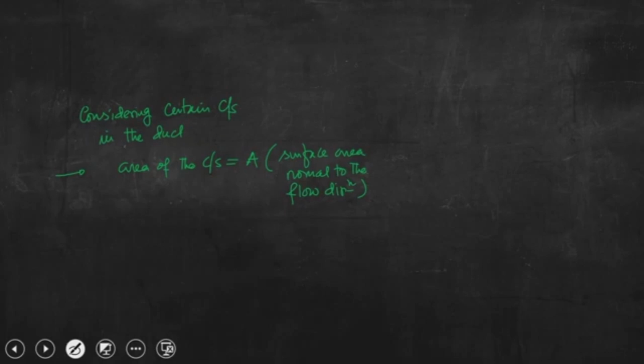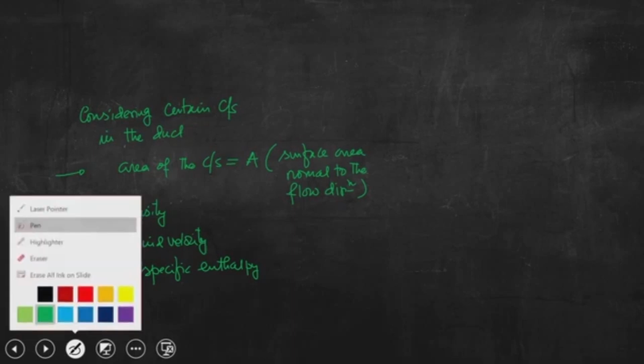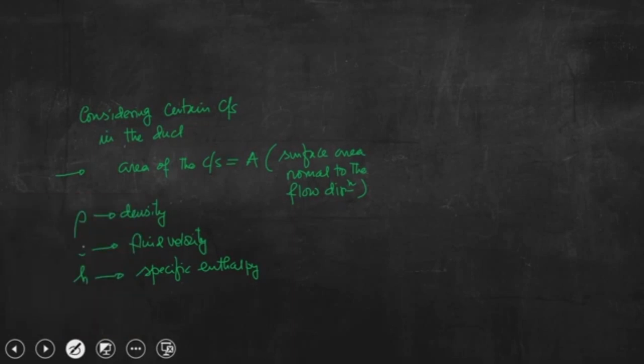If we assume that at that particular section rho is the density, C is the fluid velocity, h is the specific enthalpy, and v is the specific volume of the fluid at that particular section.